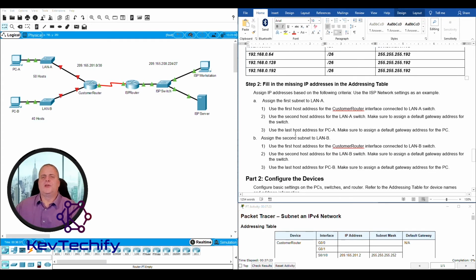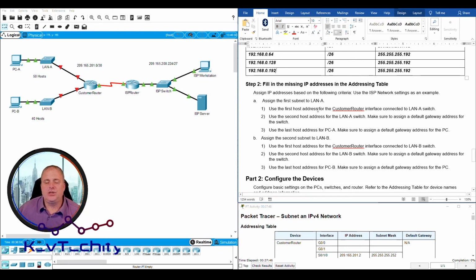On to step 2, fill in the missing IP addresses in the addressing table. That's the table up at the top of this document. A, assign the first subnet to LAN A. If we look over here on the left side, LAN A is the upper left corner, signified by the name of the switch right here. This is LAN A. Use the first host address, the first usable address, so you can't use 0.